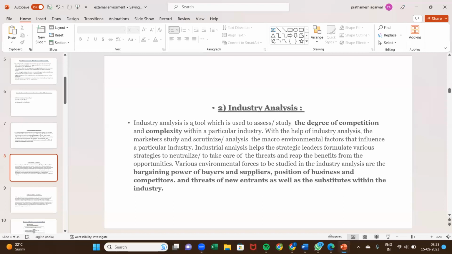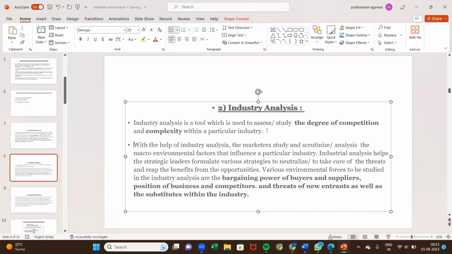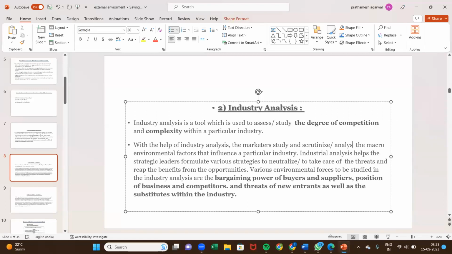So what is industry analysis? It is a tool which is used to assess or study the degree of competition and the complexity within a particular industry. I'll make it easier. With the help of industry analysis, the marketeers study and scrutinize. Scrutinize means analyze the macro environmental factors that influence a particular industry.